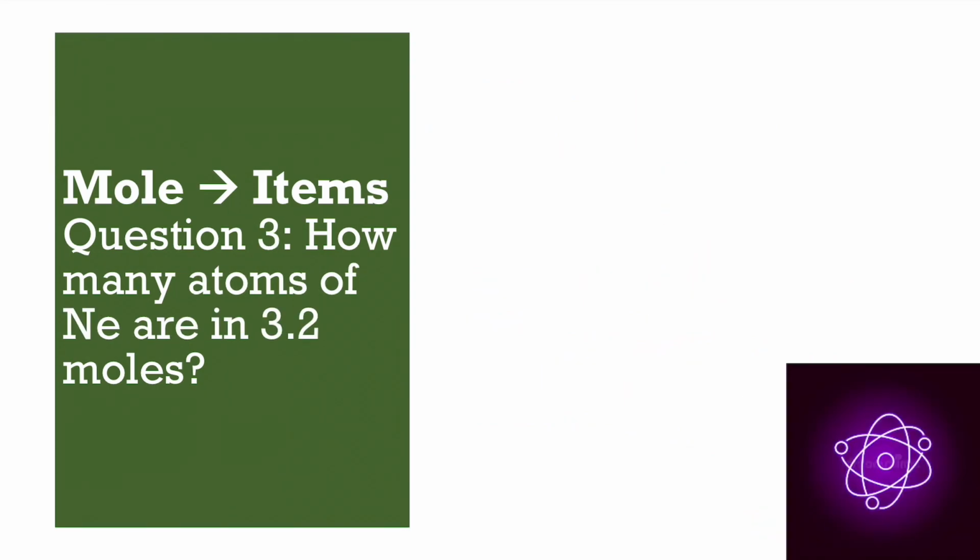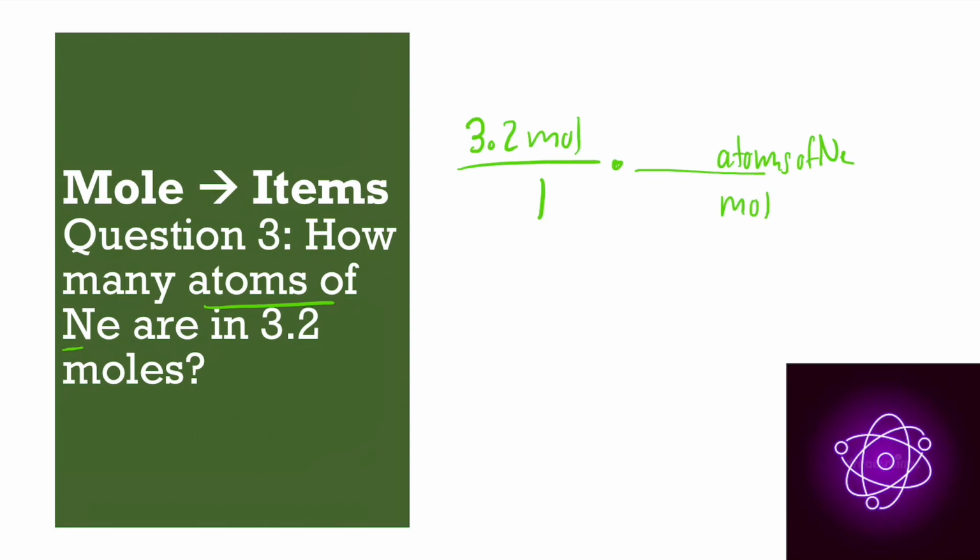Okay. Next, how many atoms of neon are in 3.2 moles? Again, the repetition of this should be helpful. We're starting with 3.2 moles. Put your given over 1. Now you want moles to cancel, so you put it on the bottom. What are we looking for? We're looking for atoms of Ne, atoms of neon.